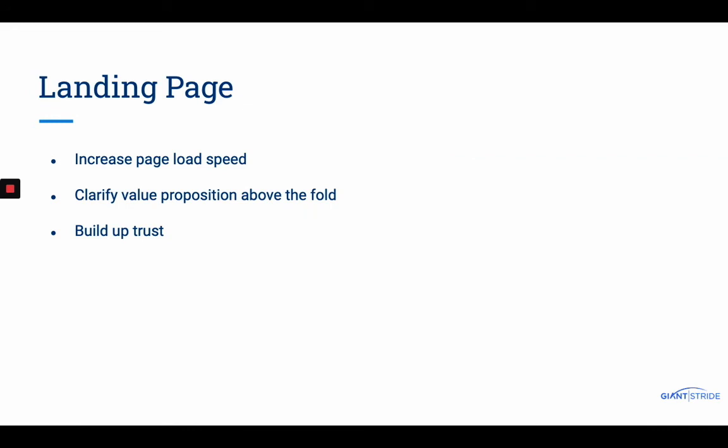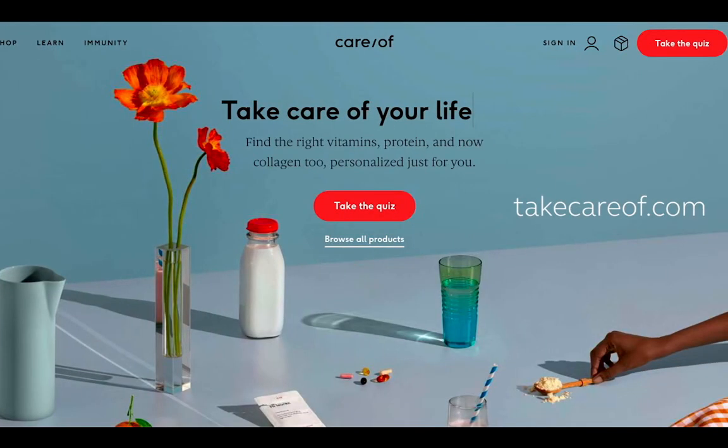Now, once you've sorted out the load speed of your landing page, the next thing I recommend you have a look at is improving the clarity of your value proposition above the fold. So to illuminate this, let's take a look at Take Care Of, which is a website I really like. Here's their website and it looks pretty cool. As the saying goes, first impressions really matter.